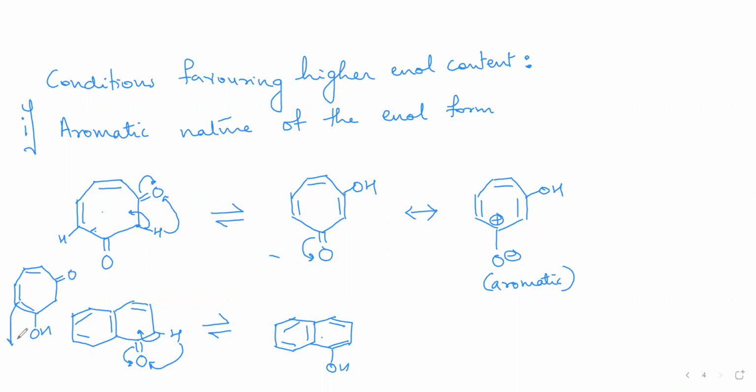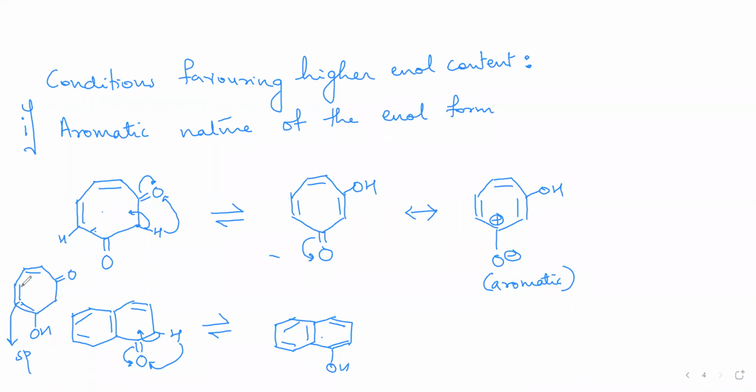This carbon will have to attain what hybridization? SP. SP hybridization will not be possible in the 7-membered ring. Minimum carbon needed for that linear geometry. SP hybridization मतलब linear geometry. So minimum carbon required there will be 8. तो यहाँ पर possible नहीं होगा.